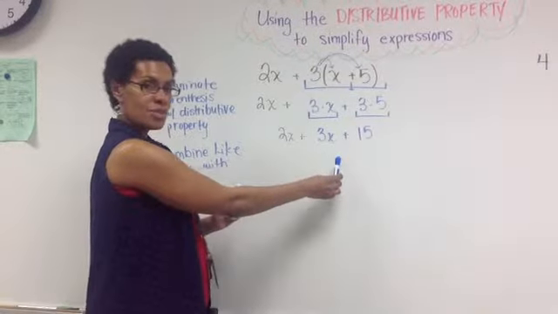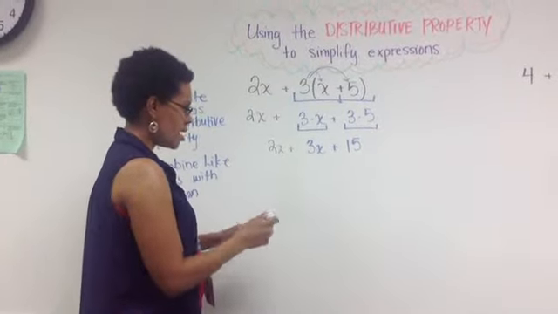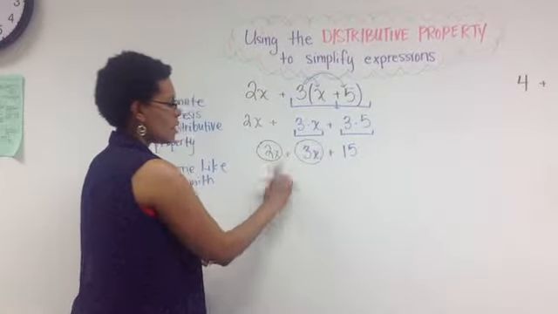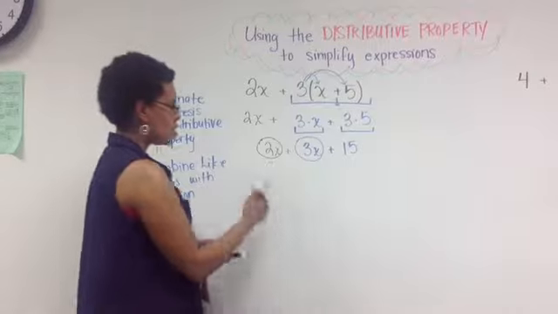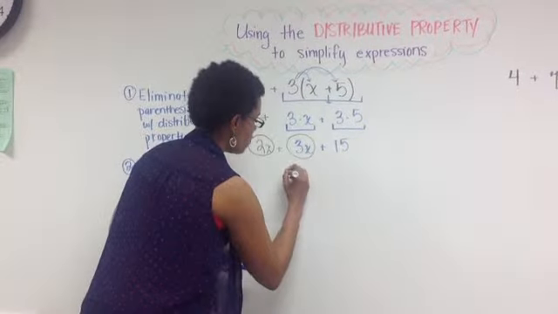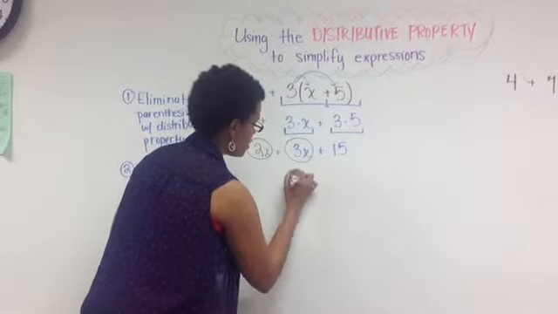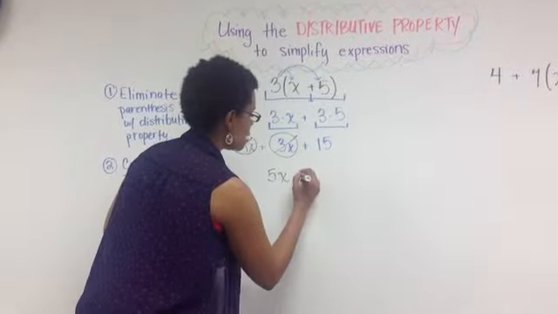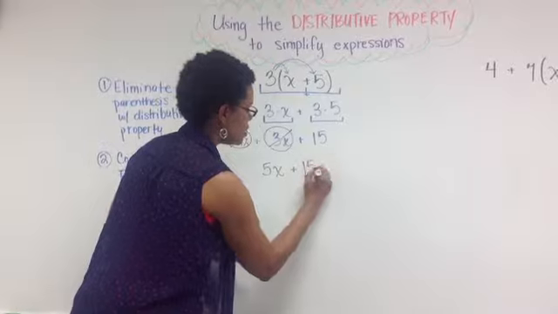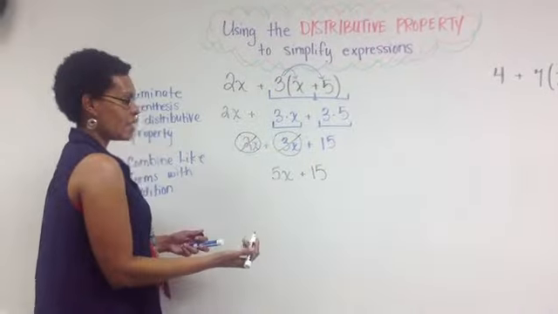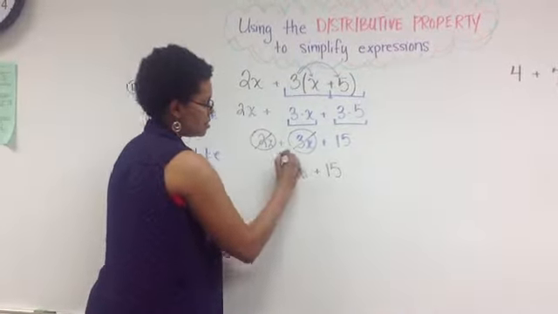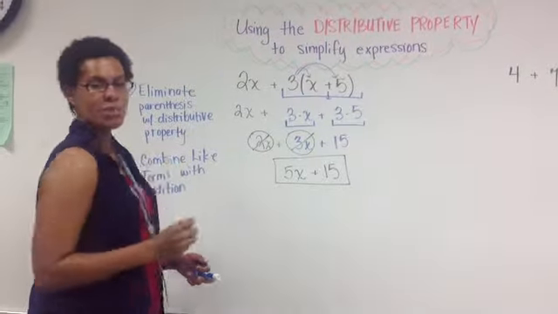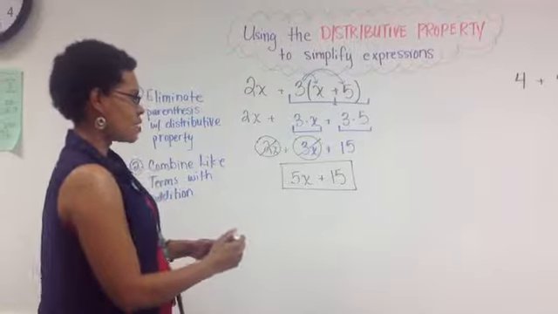Both 2x and 3x both have the variable x. I'm going to combine them. They're both positive, so we'll use addition. 2 plus 3 is 5x. I've used it, let me cross it out. And then I'm just going to bring down that plus 15. It has no other terms that are like it. And this expression, rewritten in an equivalent, yet simpler form, is 5x plus 15.